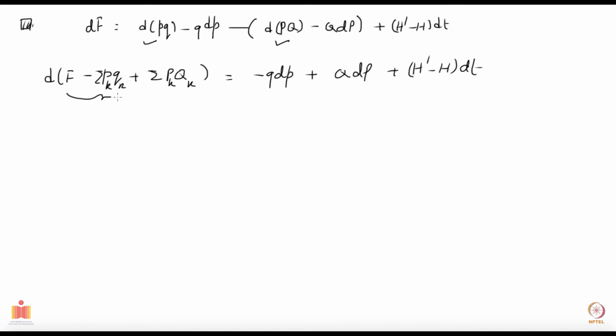Now I'll define this as f4, and I want to see f4 as a function of small p and capital P. So it's a function of independent variables, small p and capital P, and of course there is a summation over all indices here.